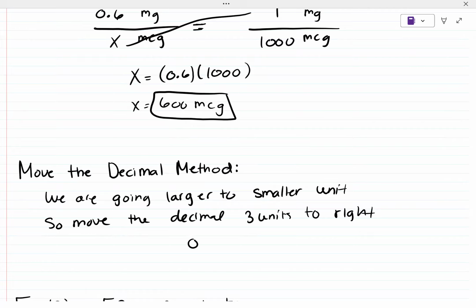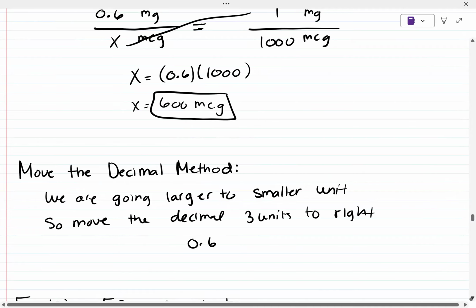Okay, so we have 0.6, and then move it 3 units to the right. So it's 1, 2, 3. Do not include the 0, include these zeros, right? It's going to be 600. Okay, a few more.